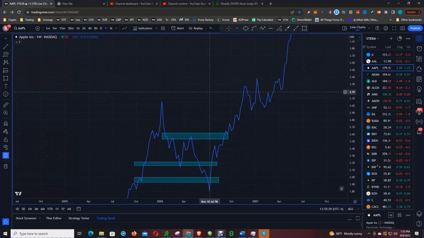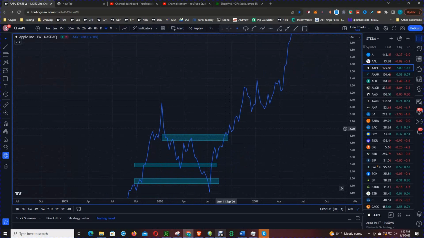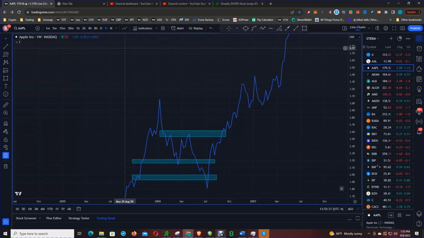All right, let's continue. Got something here, right? A rally, base, rally. And one of the reasons why you're seeing these continuations is because last 20 years, last 13 years, we've been in a bull market. And overall, the stock market is designed to go up.